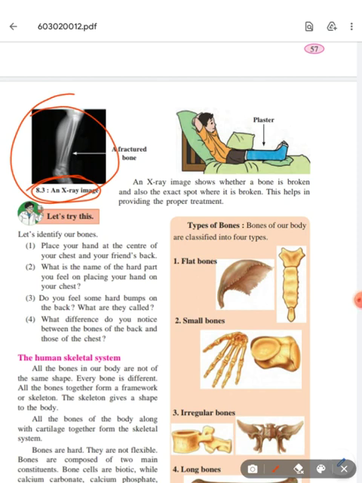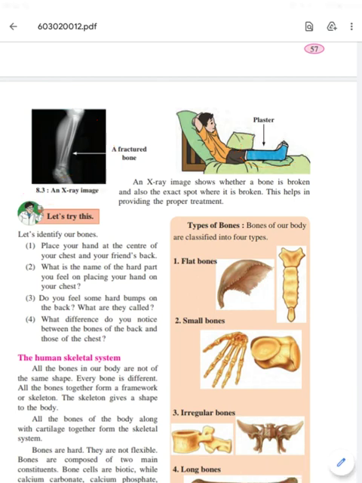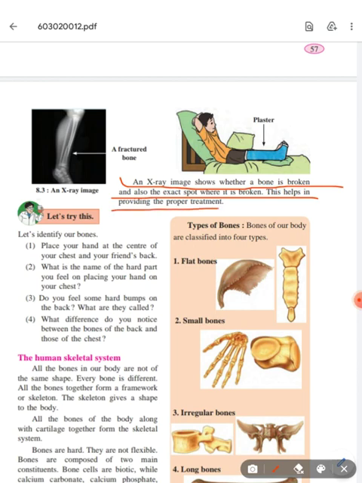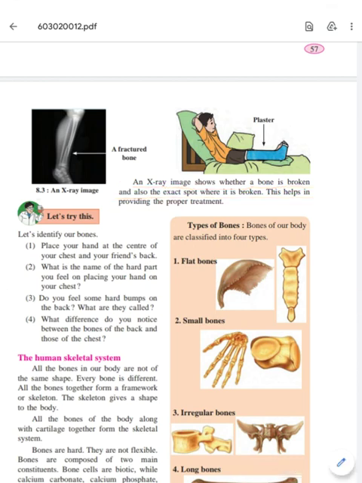And after that, when we get a fracture, the plaster is important for us. The X-ray image shows whether the bone is broken and also the exact spot where it is broken. This helps in providing the proper treatment.